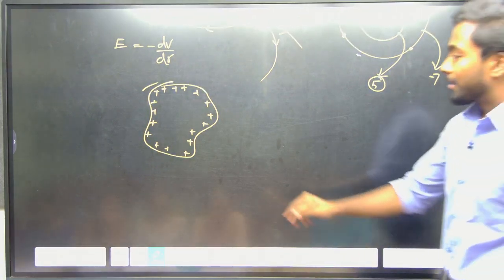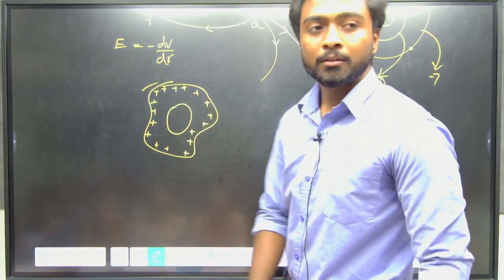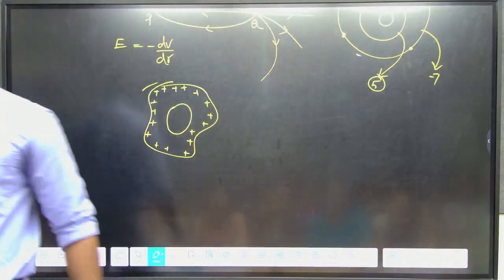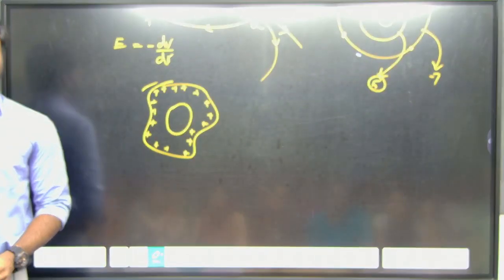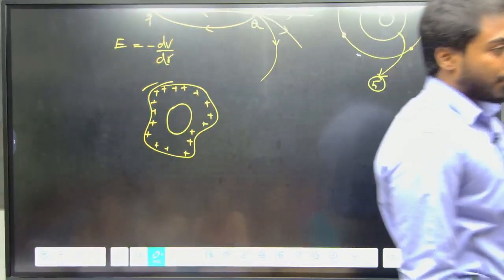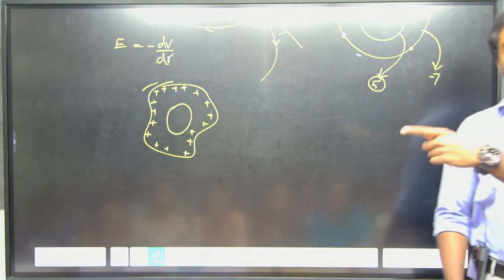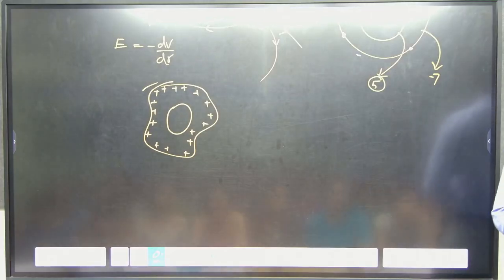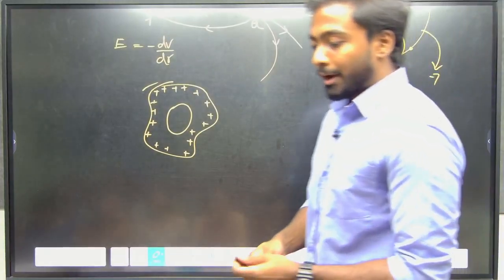Okay, so at the center what is there? I am talking about the conductor. I am talking about this room now. So 50 people, no one likes each other, everyone will go to the walls. Each one will go to a wall and stay there.